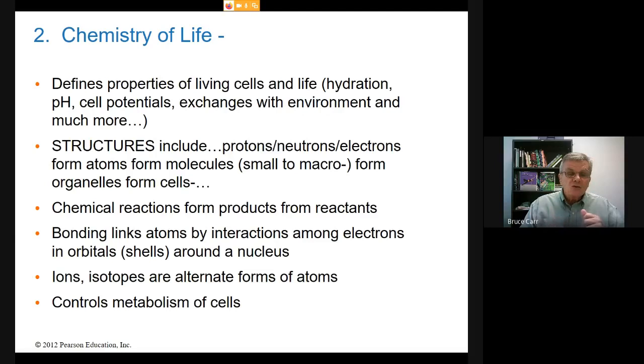So chemical reactions are always going to inform us about how products are formed from reactants. Through the bonding of atoms, we're going to see that atoms don't have a fixed form. They vary with respect to the balance between their protons and electrons, ions, and the number of neutrons they carry in the nucleus, isotopes. And these affect the metabolism of cells.